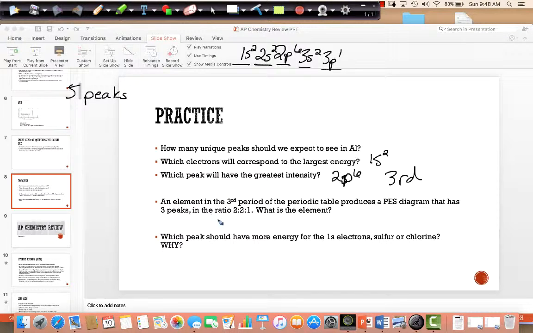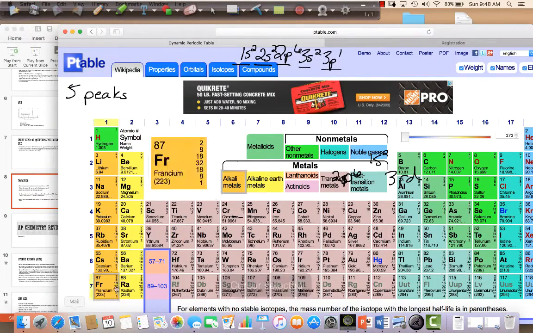Okay, so an element in the third period of the periodic table produces a PES that has 3 peaks, 2 to 2 to 1 ratio. So the height would be 2 to 1. What is the element? Okay, so let's look at a periodic table. So we're in the third period, and we need to look at the peaks that we'll see.